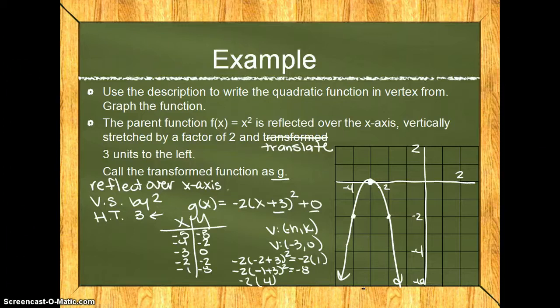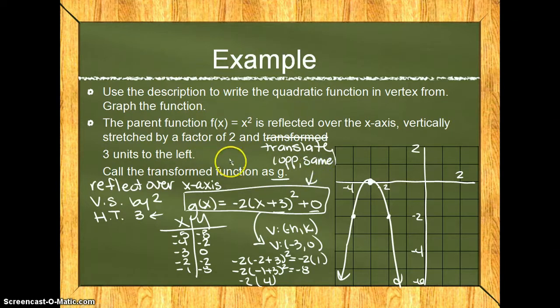Now, again, first thing you have to do in this type of example is to write out whatever it is in vertex form. So you're going to take the words of the transformation and put it into vertex form. Then you're going to find the vertex, which is given to you through the fact that it's called vertex form, and remember, it's opposite, same for the vertex.